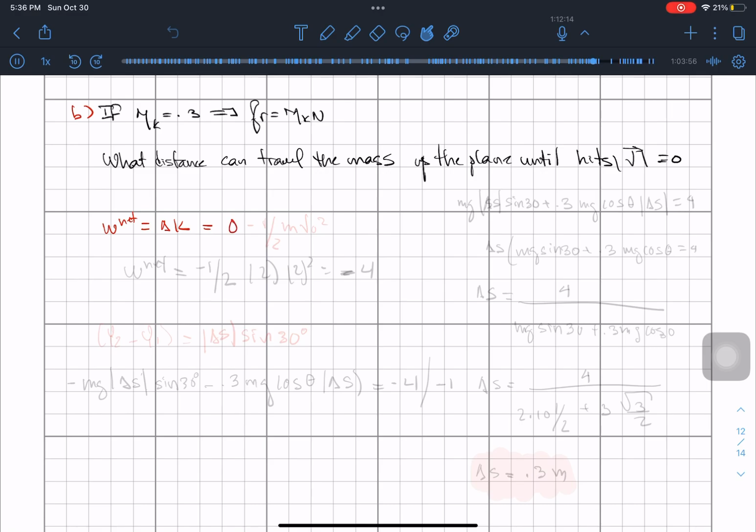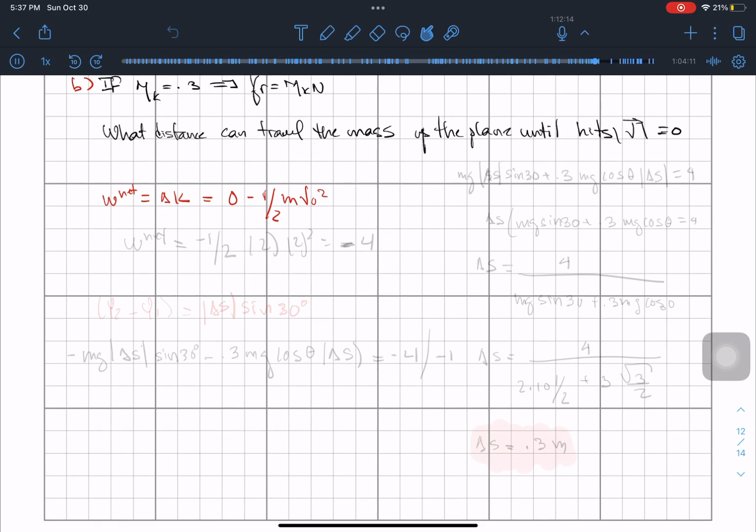So it will be 0 minus half mass times initial velocity squared. Given the values of mass and velocity, the net work is going to be equal to minus 1/2 times 2 times 2 to the second, so equals minus 4. That's the net work.